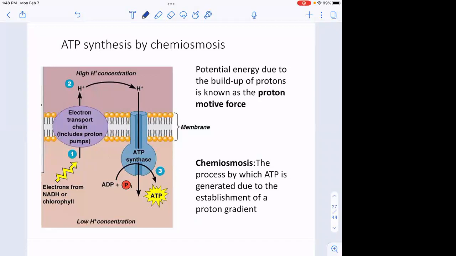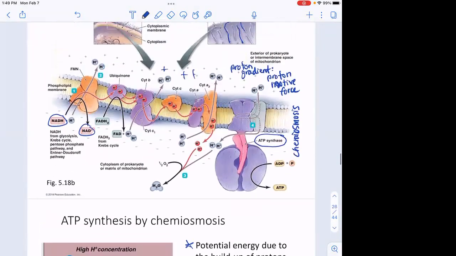But that potential energy outside of the cell, we describe that as the proton motive force. And then when they diffuse back in, that's the process of chemiosmosis. That's when the actual generation of ATP takes place. So that may help clarify those two concepts a little bit.